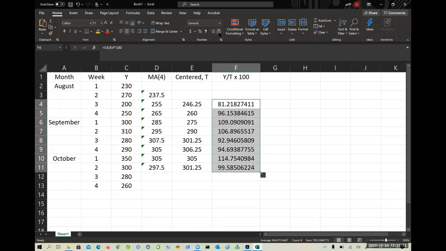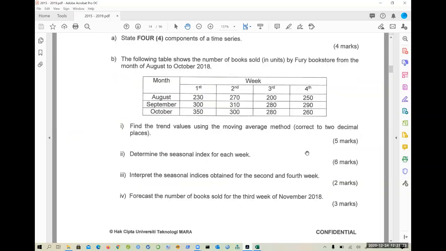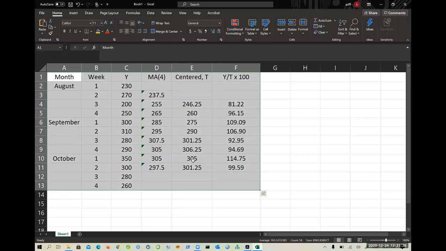Let me make it 2 decimal places. Why do I want this to be 2 decimal places? Because dalam soalan ni dia katakan correct to 2 decimal places. So saya pun gunalah 2 decimal places. Okay, so this completes your first table that gives you the 5 marks.